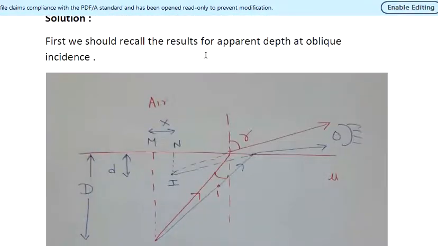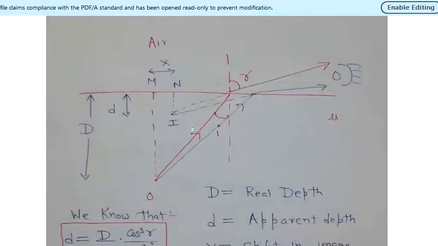First, we should recall the result for apparent depth at oblique incidence. So if this is a refracting surface, this medium is having refractive index mu and the other medium is air.